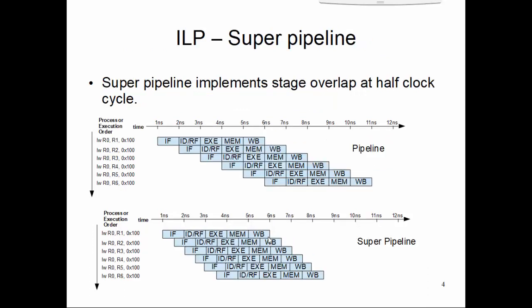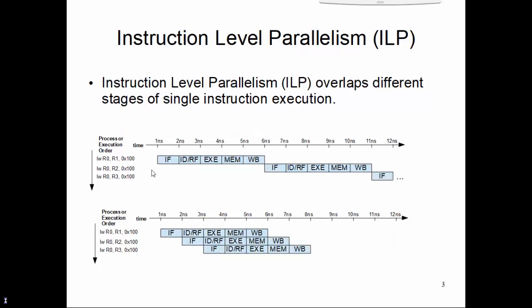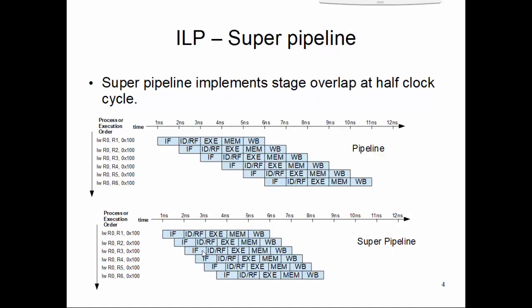Now the super pipeline concept. So this was our pipeline. From the previous slide, it was no pipeline on the upper part of this diagram. The lower part was pipeline. Now, next concept, from pipeline to a super pipeline, where these instructions are executed with a half clock cycle.